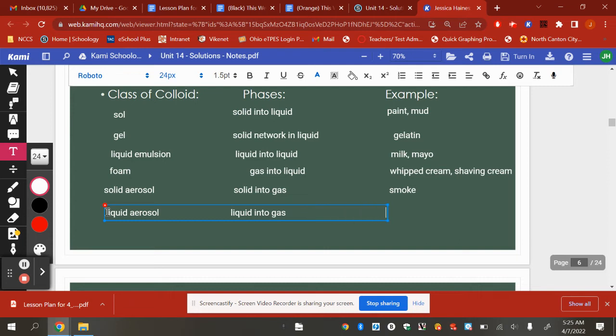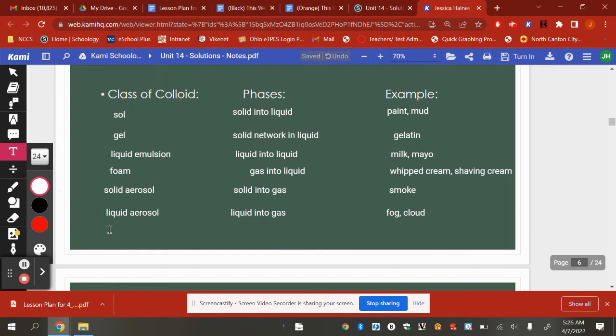Tiny little liquid particles that are floating around in a gas. What's an example of that? An example of that is clouds, basically. Fog or mist, clouds. Clouds and fog are basically just tiny particles of liquid water that are dissolved into the air. So that's liquid aerosol.